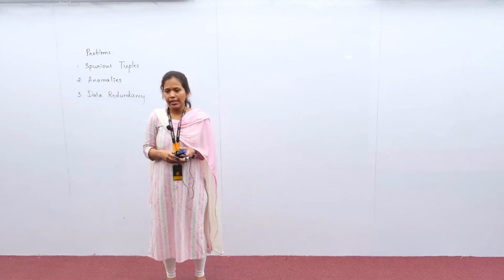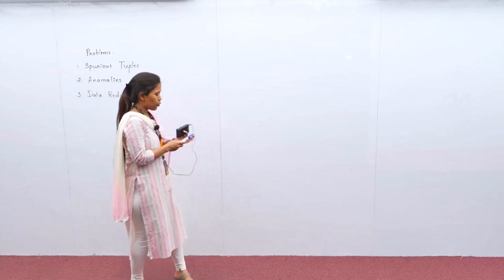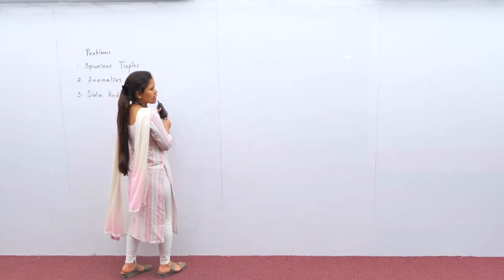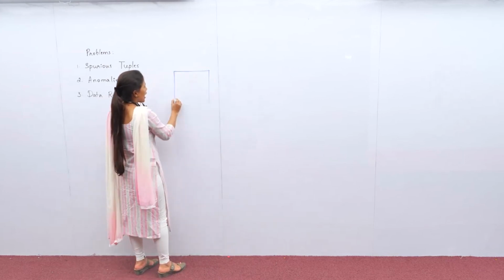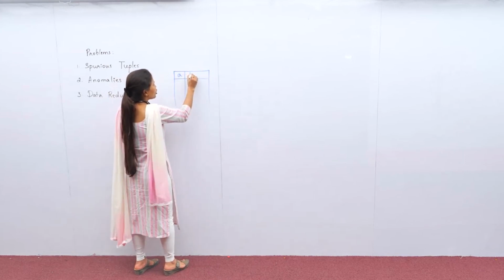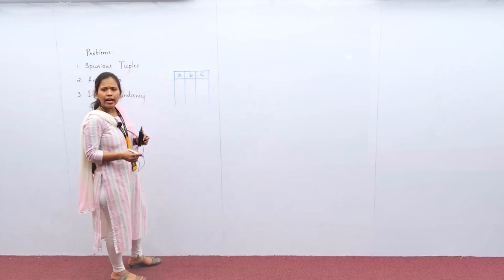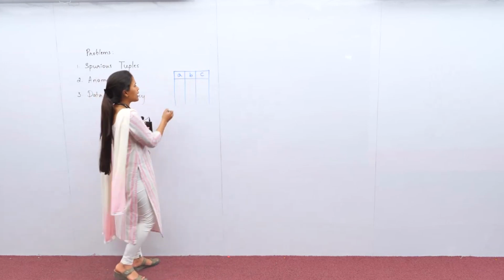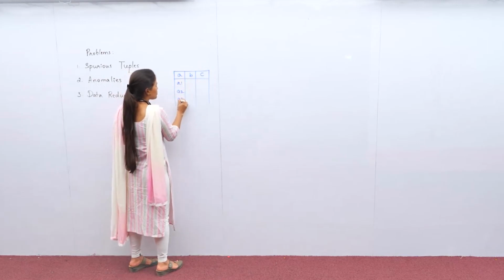Now first let me tell you what spurious tuples are. In order to explain that, I will first consider one table here. Let's assume that I have one table, and inside that I have 3 columns: column A, column B and column C. Inside column A I have the values like this.